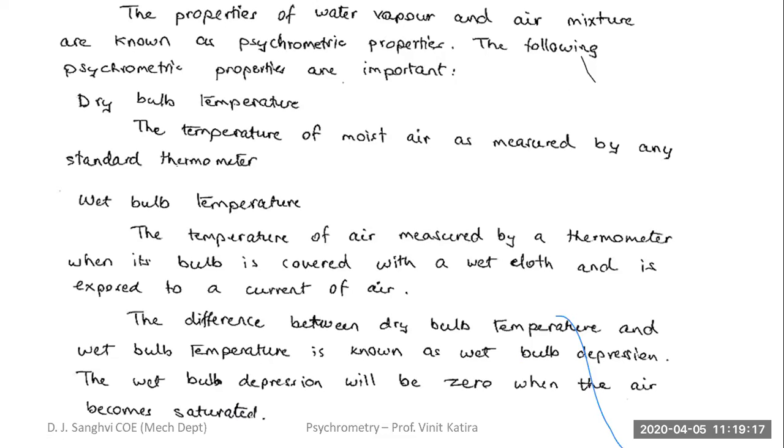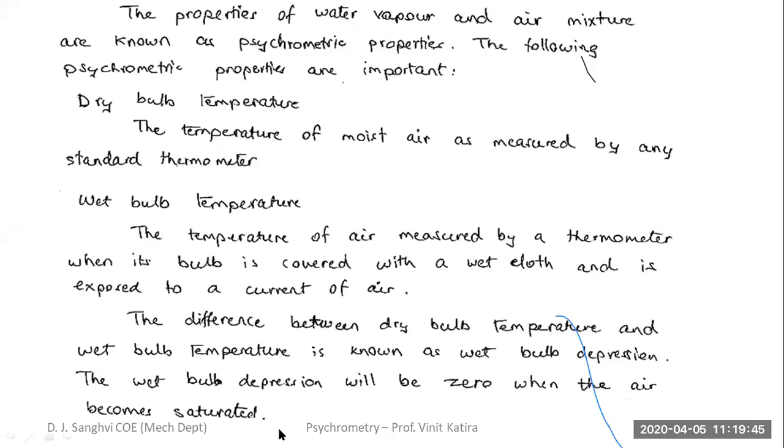Now, the rate of evaporation again depends on the moisture content of air. So the greater the moisture content of air, the slower the rate of evaporation through the wet cloth will be, and hence the wet bulb temperature drop will be lesser as compared to dry air. The difference between the dry bulb temperature and wet bulb temperature is known as wet bulb depression.